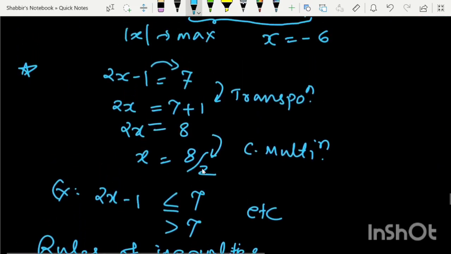The example, if you can see here, if you take minus 1 on the right hand side, minus 1 becomes plus 1. Had it been plus 1, it would have become minus 1. So this is the transposition which holds for equality, also holds for inequality, guys.